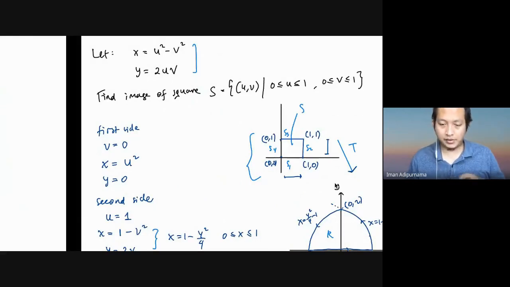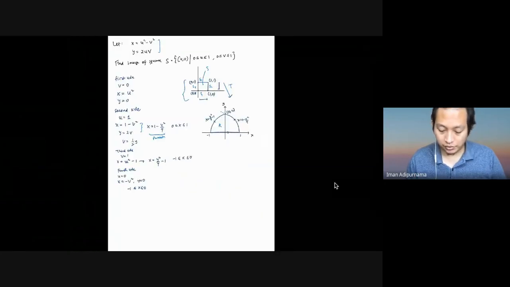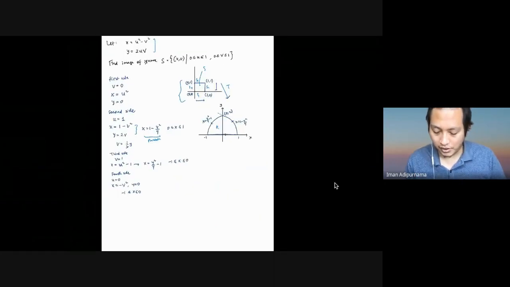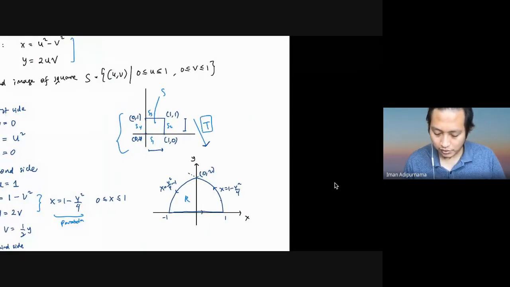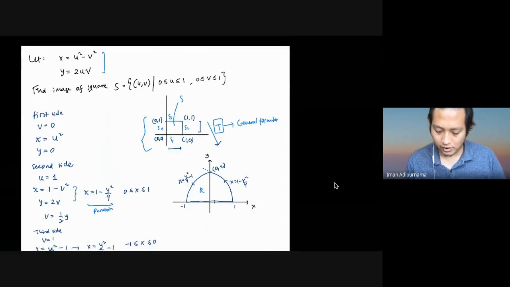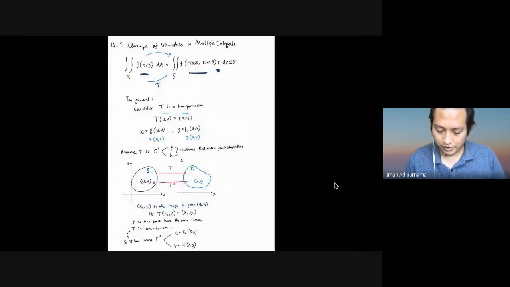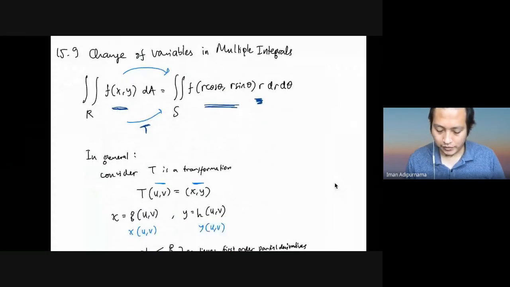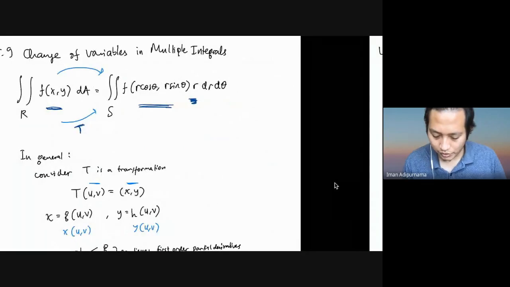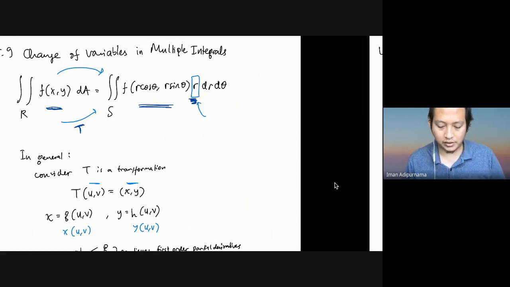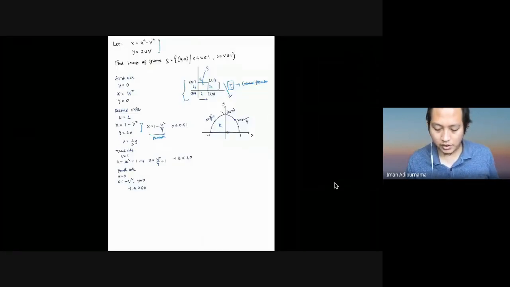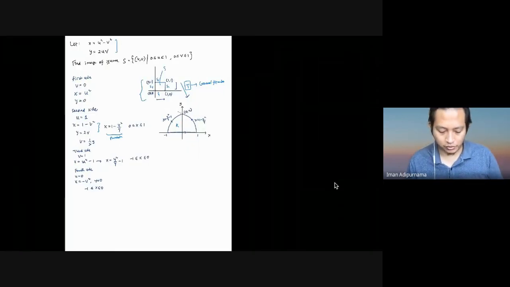So we need a standard procedure or general rules for the transformations. Can we make these transformations into some general formula? Like in the polar case, we have a general formula where you need to multiply by r. How can we get this r, in general formula and maybe other formulas as well?